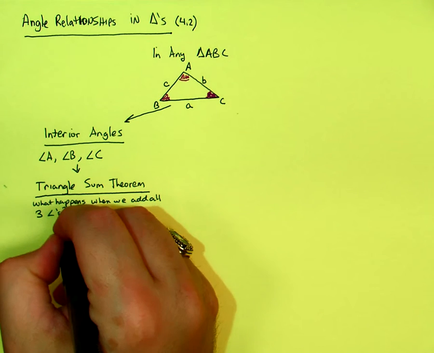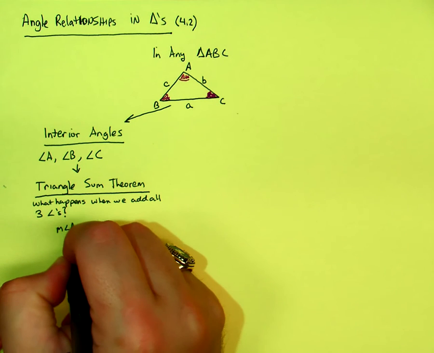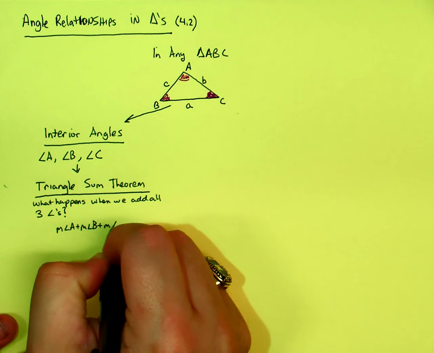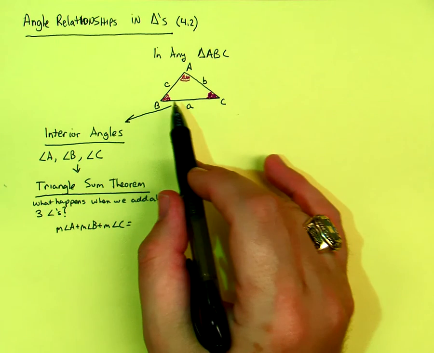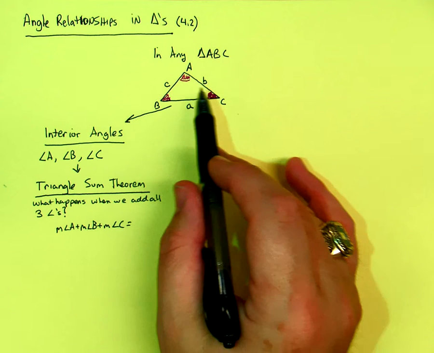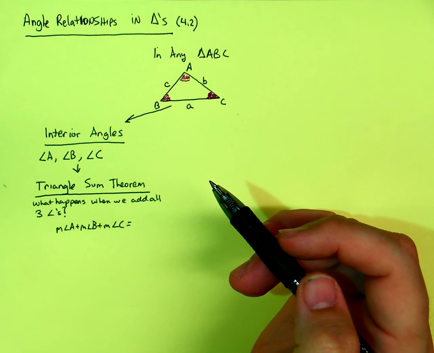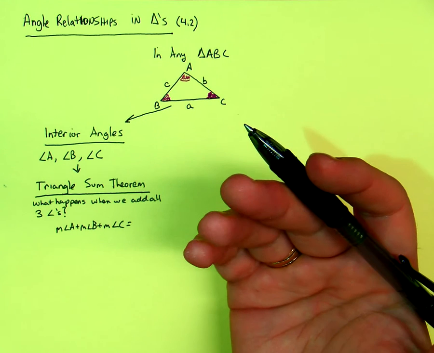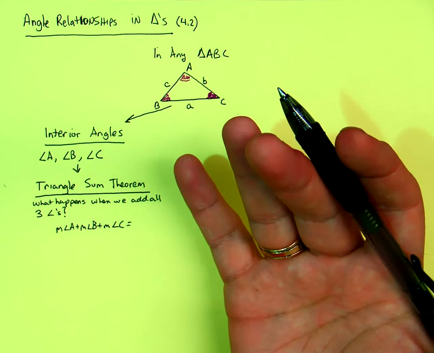Anybody remember this? If I added the measure of angle A plus the measure of angle B plus the measure of angle C, add up all of these together. What was that? No, it's not the perimeter. We're going to get a number, and it's going to be one of our special numbers. The special angle values.